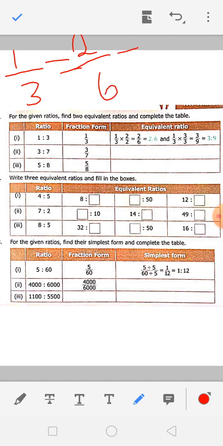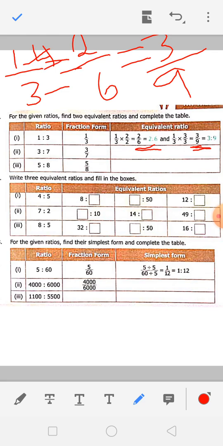And then multiply by 3: 1 3s are 3 divided by 3 3s are 9. So 2 by 6, 3 by 9. What is the fourth step? Multiply by the fourth table. So 4 by 12: 1 4s are 4 divided by 3 4s are 12.